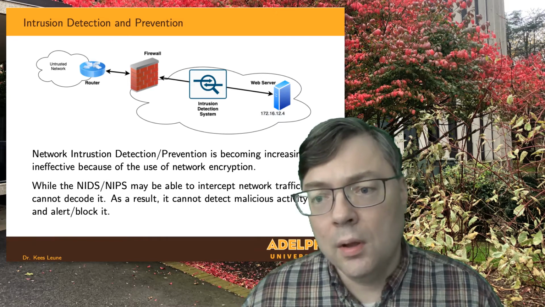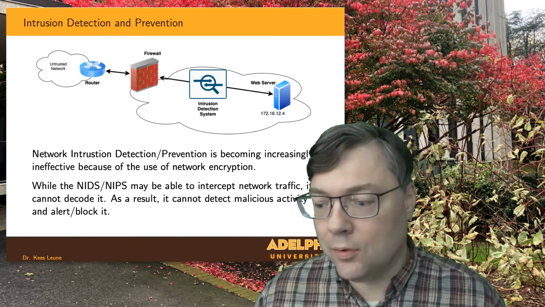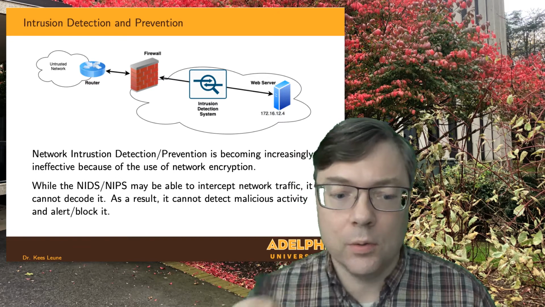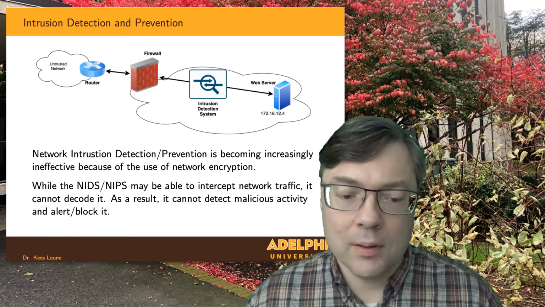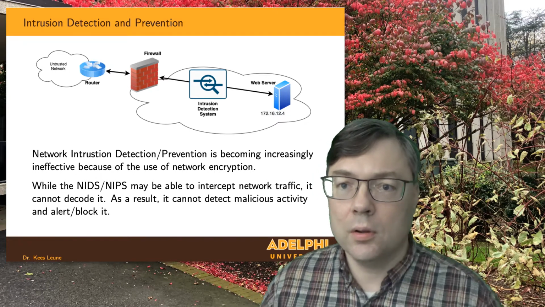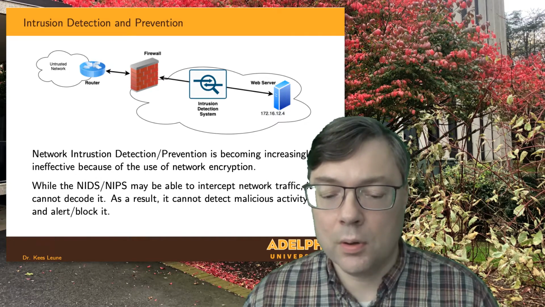So at that point, it doesn't really help all that much to look at the content because you don't have any access to it. Now, you could play tricks with that by doing inline decryption, but that requires a level of infrastructure that is often not feasible on a predominantly bring your own device network like ours.